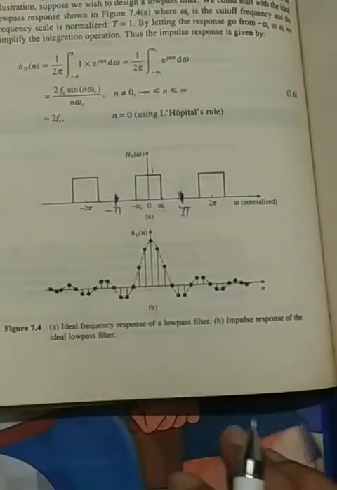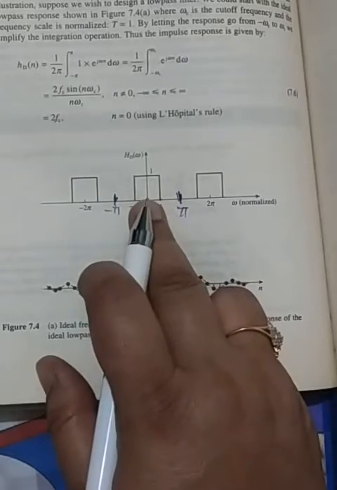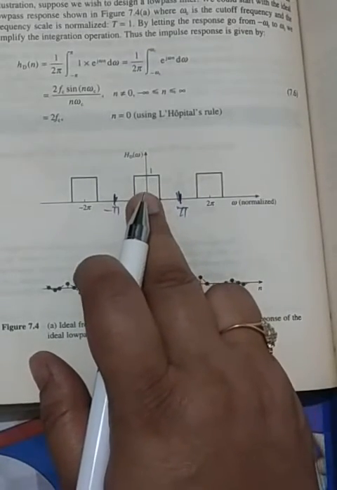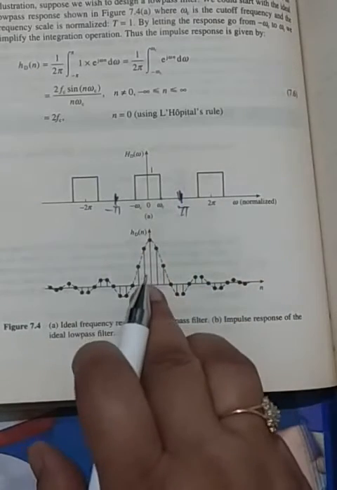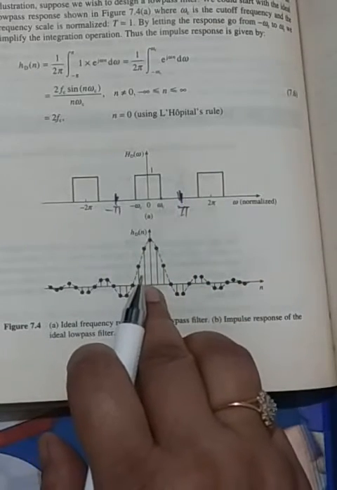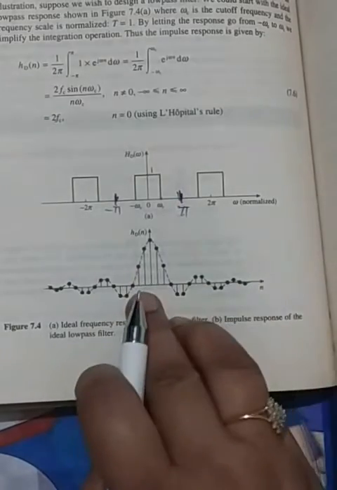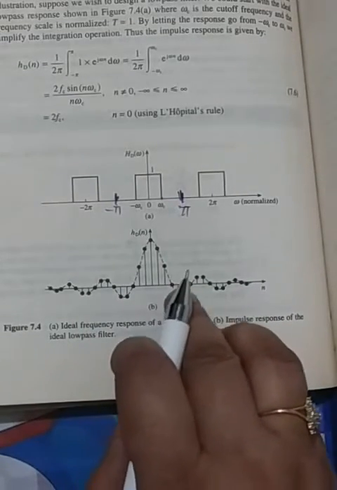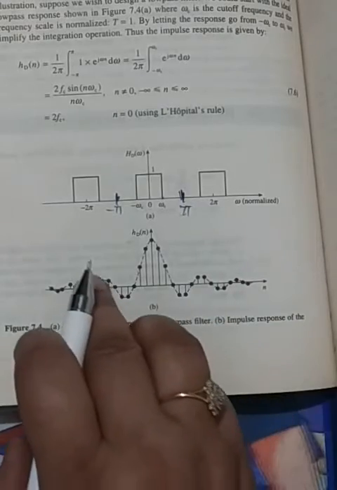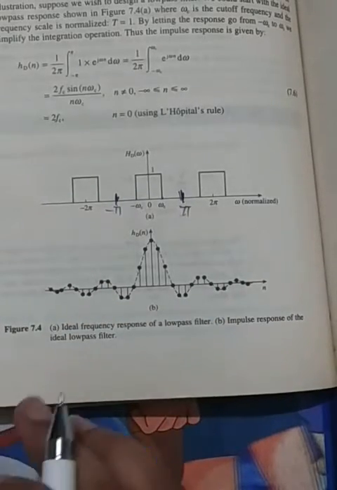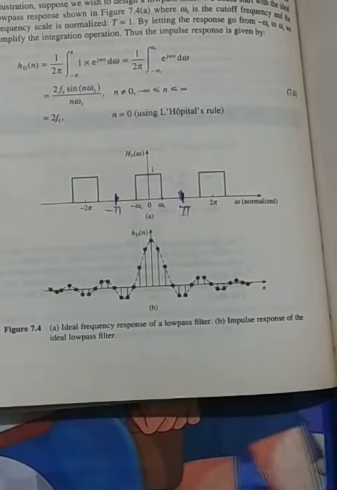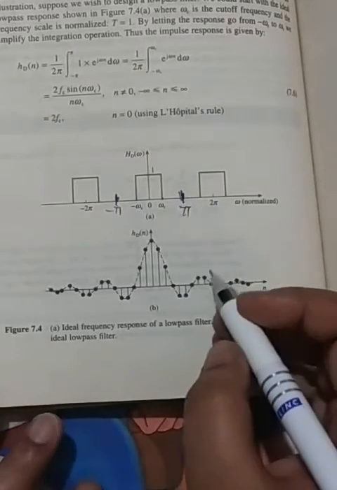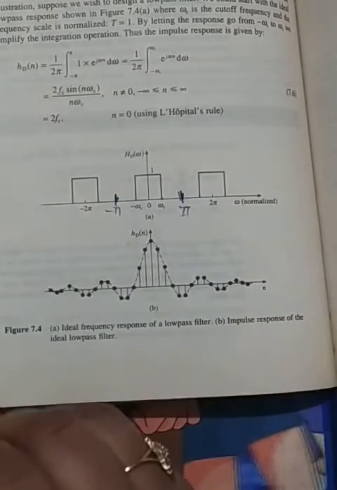The meaning is that in the case of ideal frequency response, whenever you find its corresponding time domain counterpart, you find that there is an infinite sequence of coefficients, and so the filter is not an FIR filter. In the case of FIR filter, you must have some finite number of coefficients.